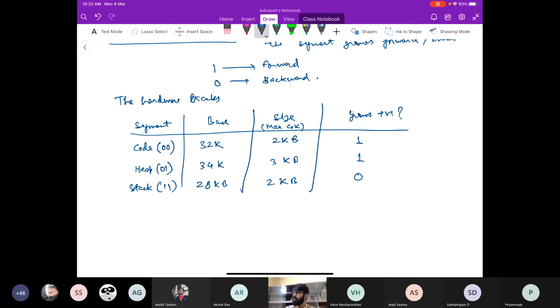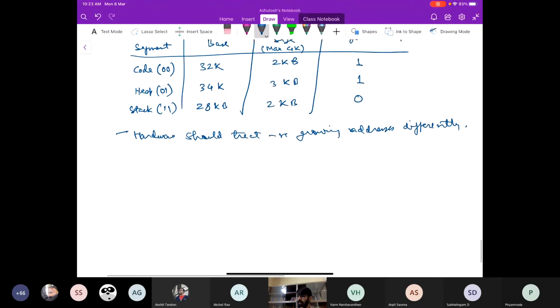Okay. But now the hardware should also treat these addresses differently. And what is the way to do that? So let's say, suppose the virtual address is 15KB.